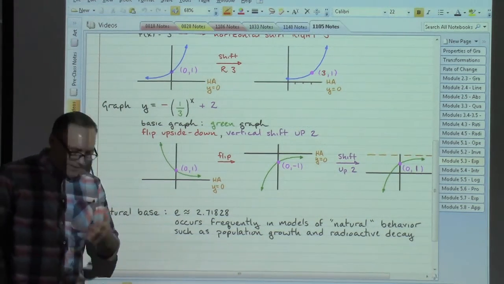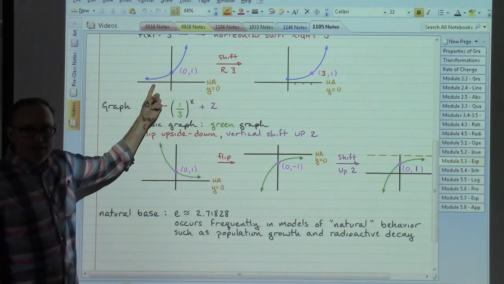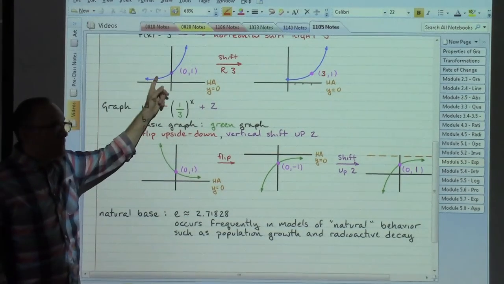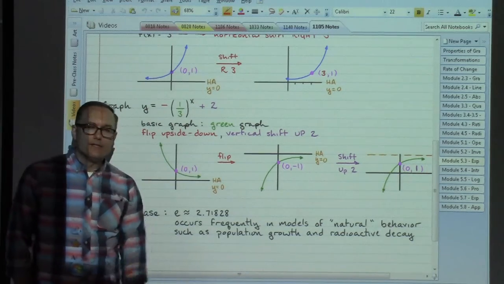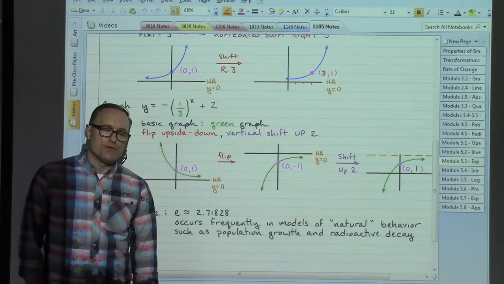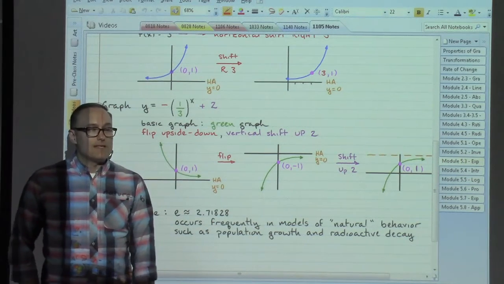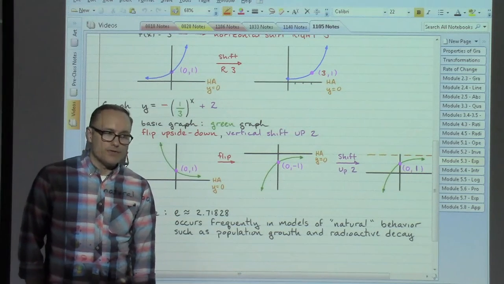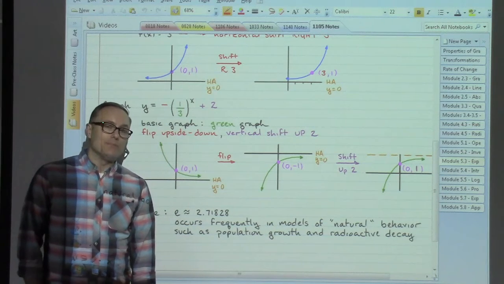If we've got E, that's going to be more like that blue picture because that is a number that is bigger than 1. So that's going to have a picture like that blue basic shape. And that's just one of those other base numbers that might show up along the way and might be something to worry about as well when we eventually get to talking about that other topic that is related to these, that logarithm business.